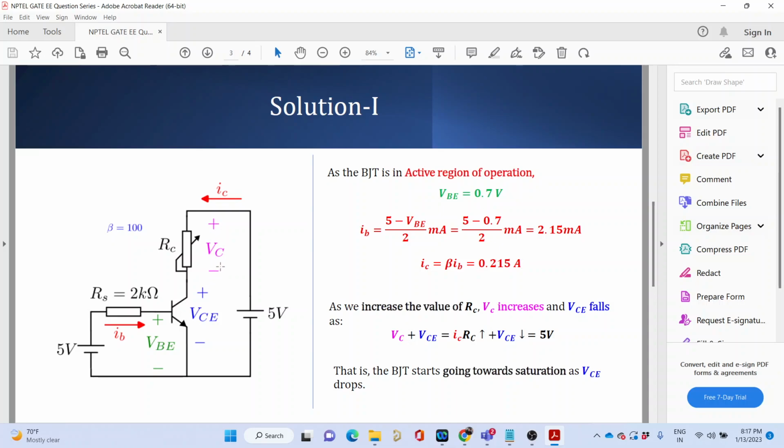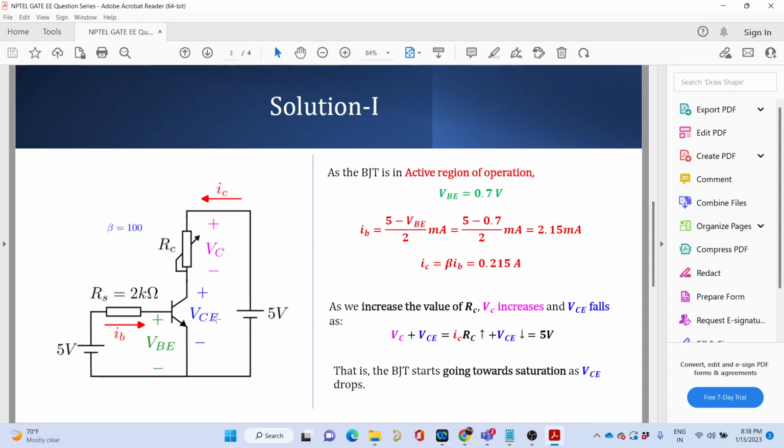Yes, sir. Okay, so now do this simple sum. Apply a KVL in this loop and tell me, if I have kept this RC to be 200 kilo ohm, what would be the VC? Just a subtraction, tell me quickly. 5 volt minus IC into RC.